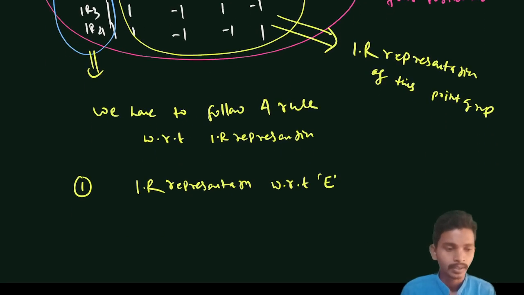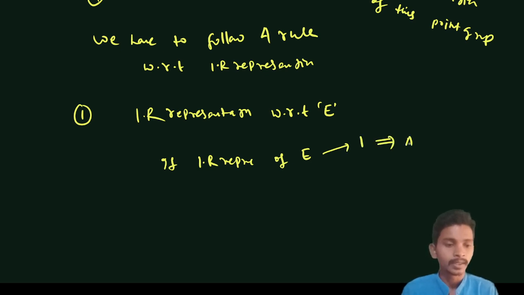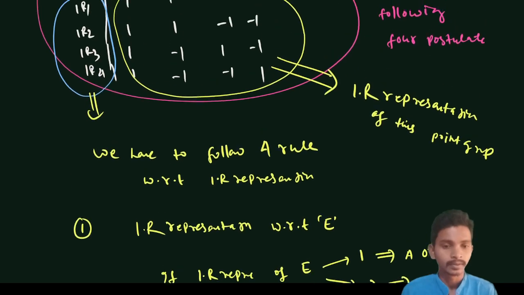It says that if the irreducible representation of E is 1, then we will write A or B, and if the irreducible representation of E is 2, then we will write E, and if it is 3, then we will write T. Okay, that's what it says.